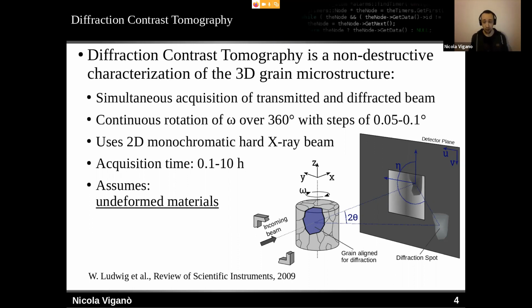With the EBS now, we're down to 5 minutes, and we can acquire information about 1,000 grains. That's pretty interesting, I would say. But traditionally, it has assumed undeformed grains or undeformed materials to start with, which is in contradiction with what I just said before, because we might want to be looking at deformed features.